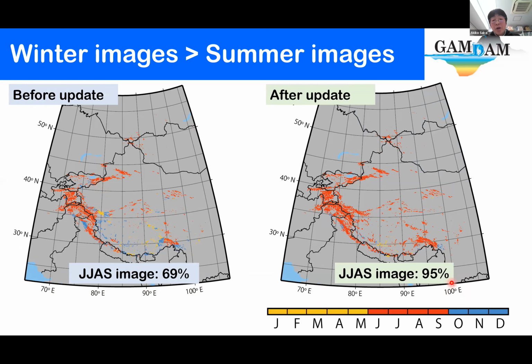Yes, I could not get clear summer images for 5% of glacier area. Here, you can see that I used non-summer images, yellow and blue. And so next, I will show you how I selected images for these regions.